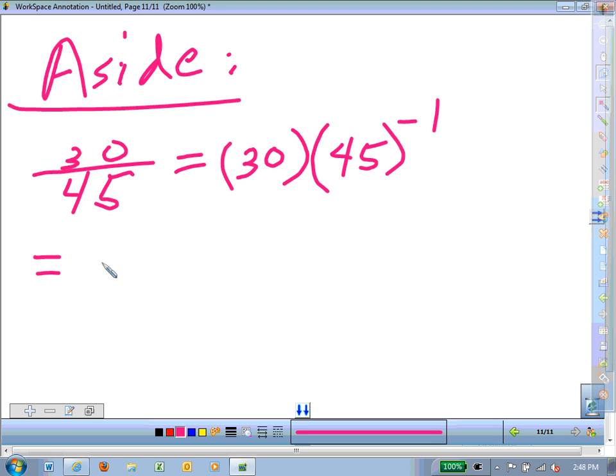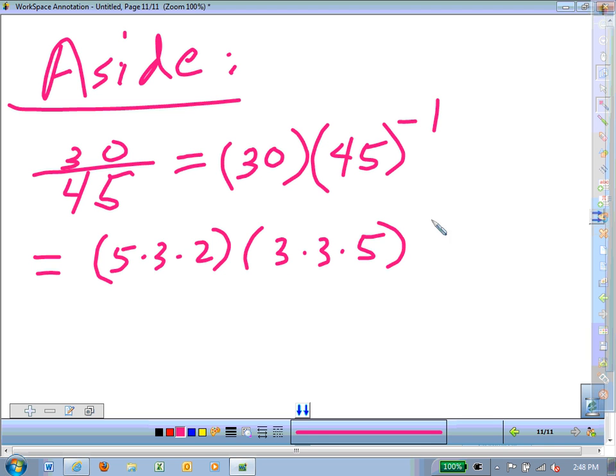Reducing at this point really follows the same thing. You would factor numbers. So, but now you can do it as products instead of divisions.